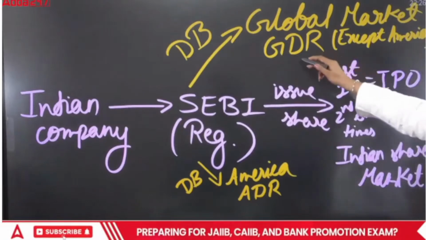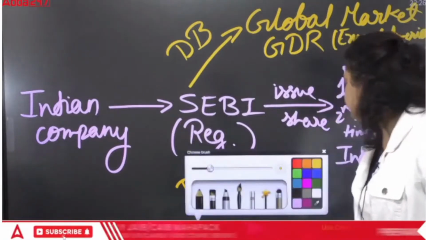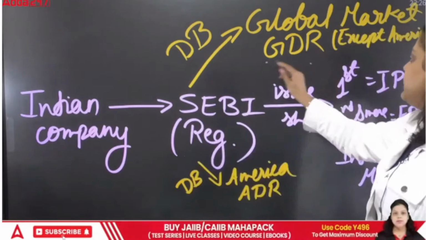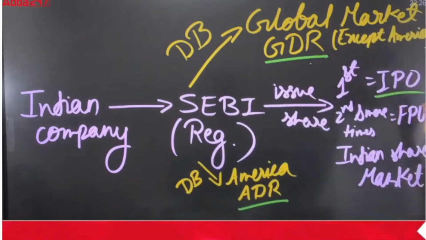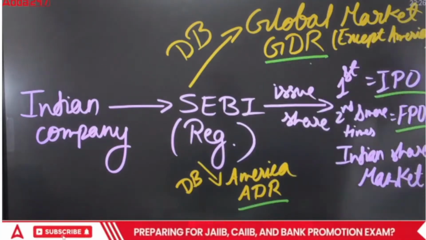So this is GDR. We have discussed the GDR, the ADR, IPO and FPO. Okay, the next one we have is the Indian Depository Receipt.